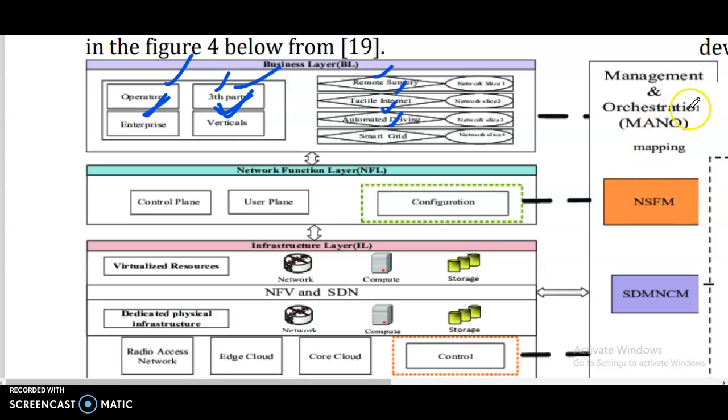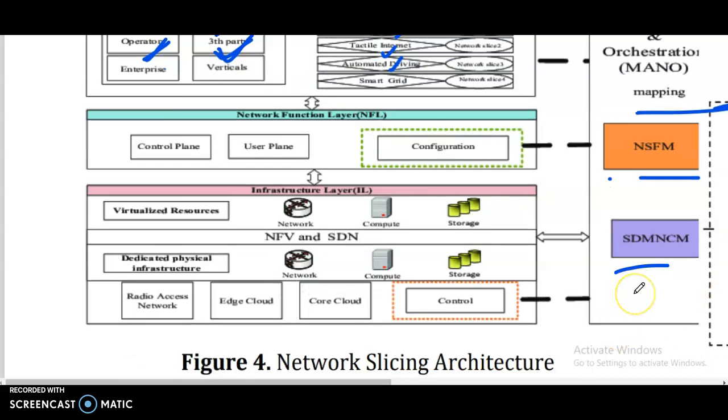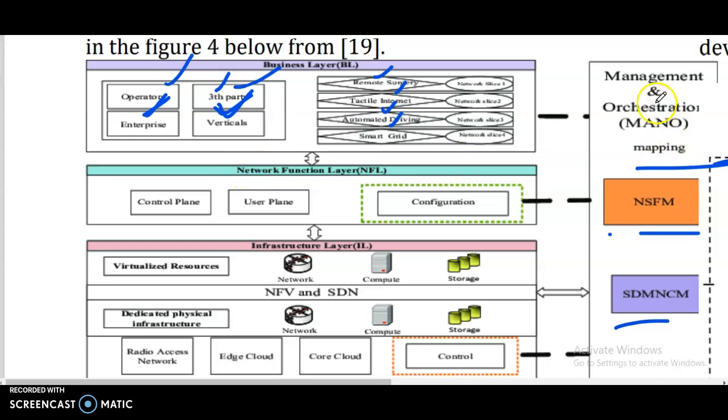Management and orchestrated mapping, NSFM, SDM, and CM. It is general management and orchestration, MANO. MA for management, NO for orchestration. Then the network function layer, NFL, having control plane, user plane, and configuration.